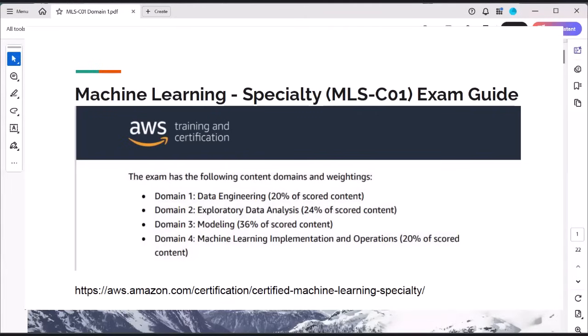As I said, it has four crucial domains. Data engineering comprises 20%, covering preparation and processing. Exploratory data analysis makes up about 24%, focusing on feature engineering and statistical analysis. Modeling is the largest domain at 36%, testing your understanding of machine learning algorithms and training processes.